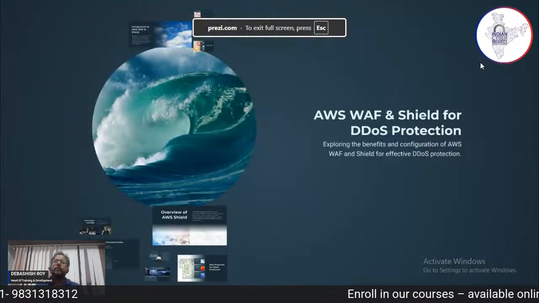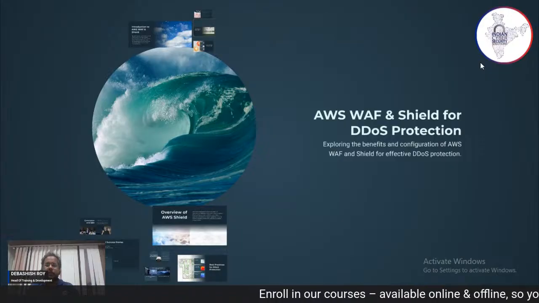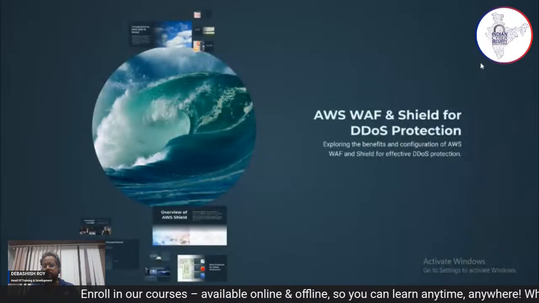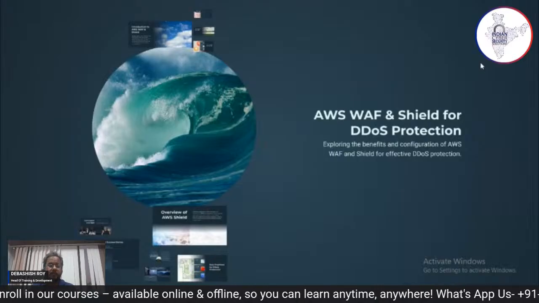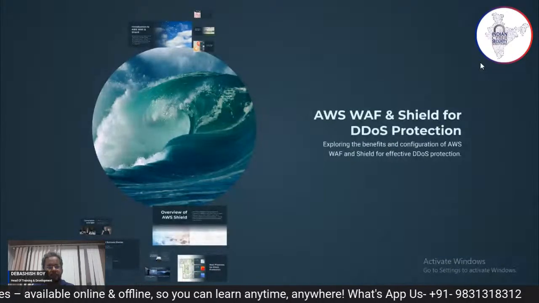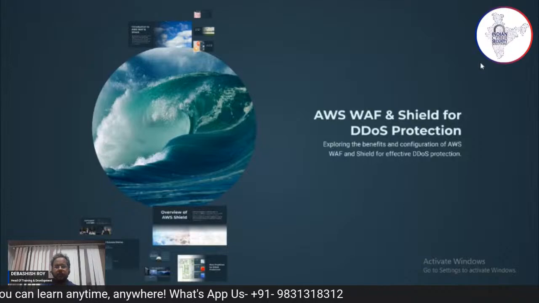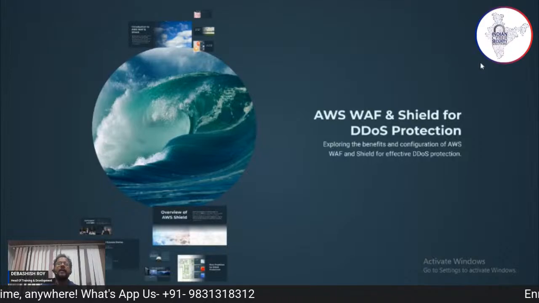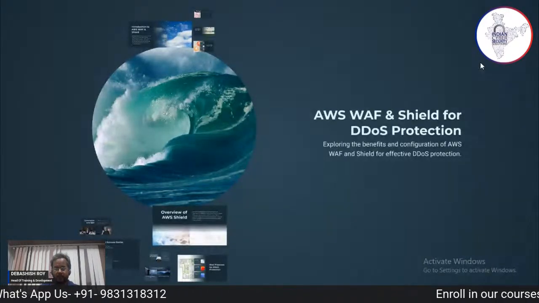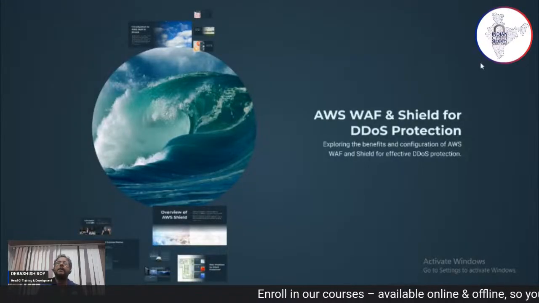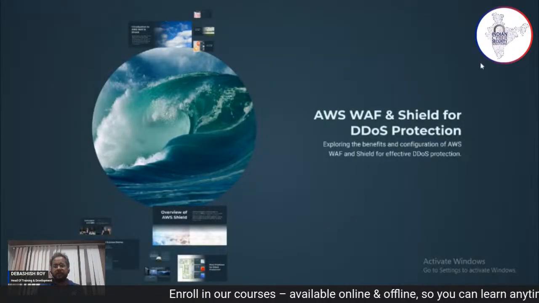We'll explore the benefits and configuration of AWS Web Application Firewall and Shield for effective DDoS protection. So what is a DDoS attack? That is the distributed denial of service. A DoS attack, or denial of service attack, means that if you send a lot of packets, thousands or lakhs of packets, from one PC to another PC, say a server, that is a DoS attack.